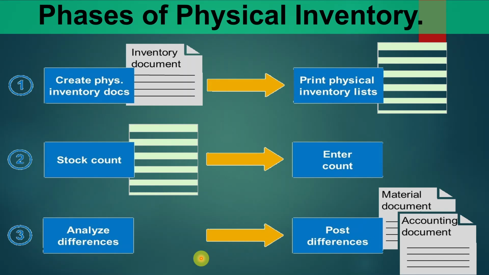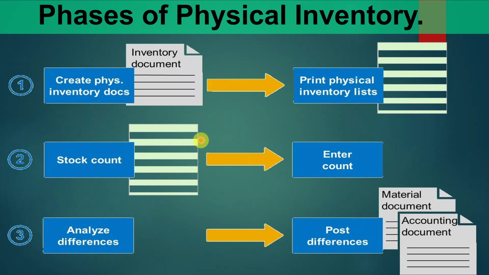These are the phases companies usually follow. They create a physical inventory document, which is nothing but the list of materials for which they want to perform the inventory, and that list is printed and handed over to the end users who are going to count the physical inventory.